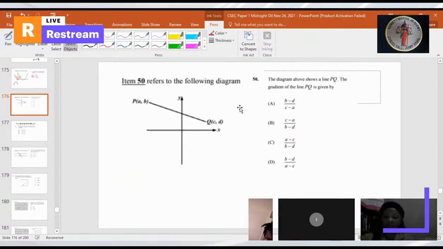Item 50 refers to the following diagram. So we have point P, which is AB, x value being A, y value being B, and point Q, which is CD, x value being C and y value being D. So they're using letters to represent the points. The diagram above shows a line PQ, the gradient of PQ.